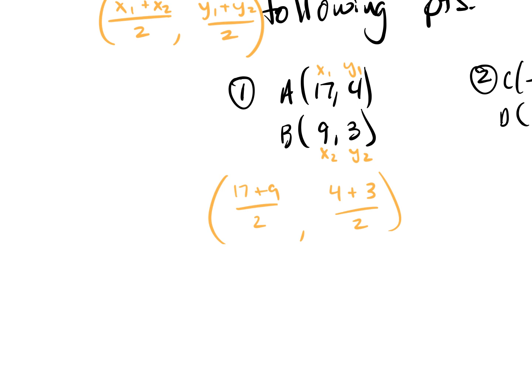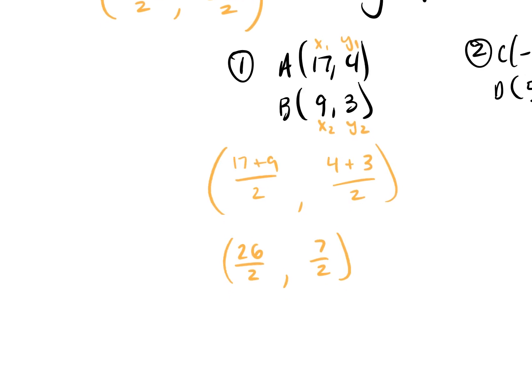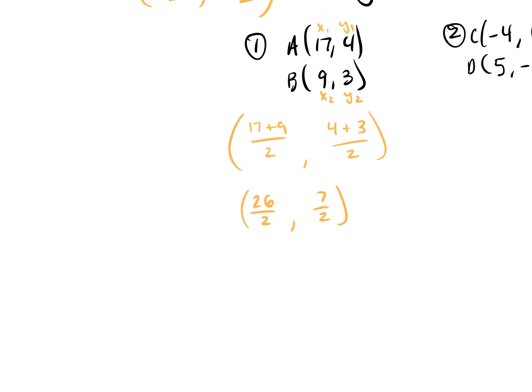What's 17 plus 9? 26, awesome. So 26 over 2, and then what's 4 plus 3? 7 over 2. And then lastly, let's simplify. Can I simplify 26 over 2? What does it simplify to? 13. What about 7 over 2? No. So we'll just leave it as 7 over 2.